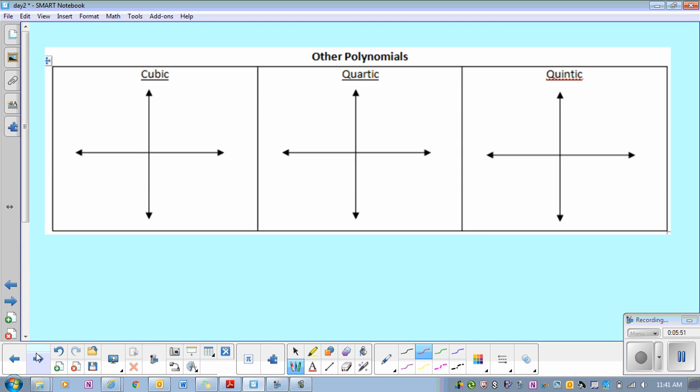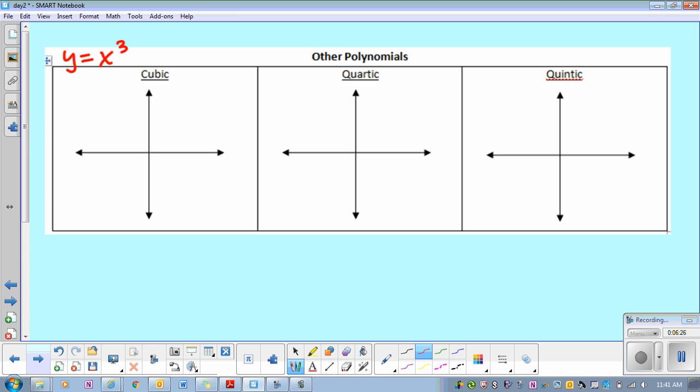All right. So some other polynomials. Okay. Cubic. Cubic has a degree of what? What is the biggest exponent you'll see? Yeah, 3. So cubic function could be y equals x cubed, or it could be y equals negative x cubed, right? It could reflect. If your biggest exponent is 3, then that means that the maximum number of terms that this could have is what? 2.